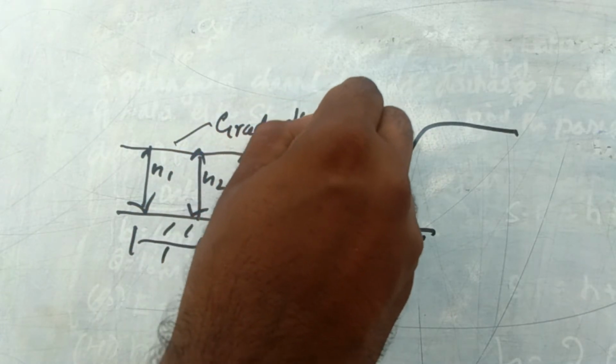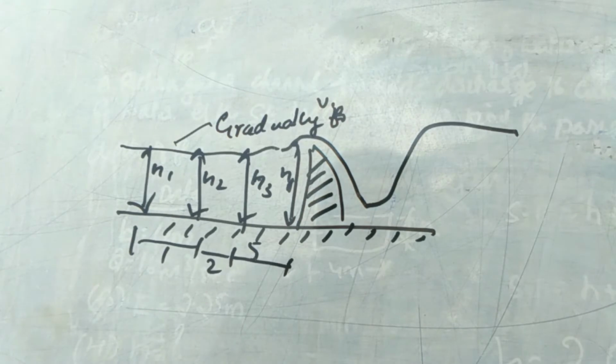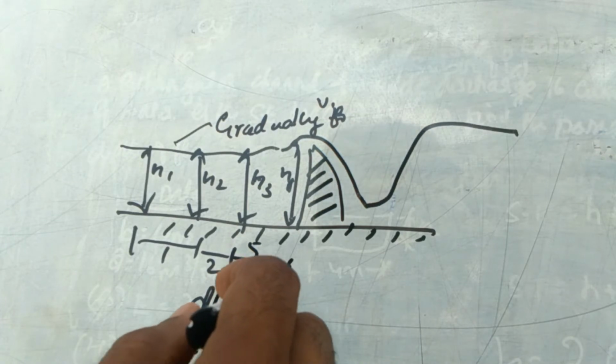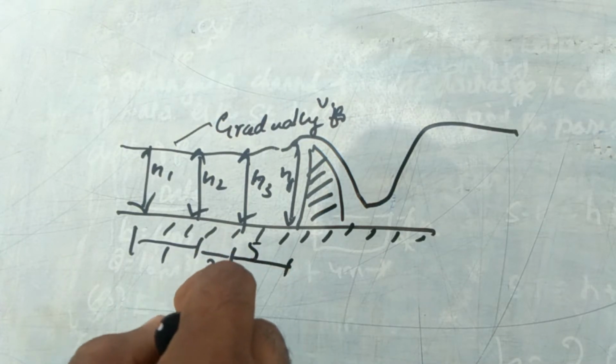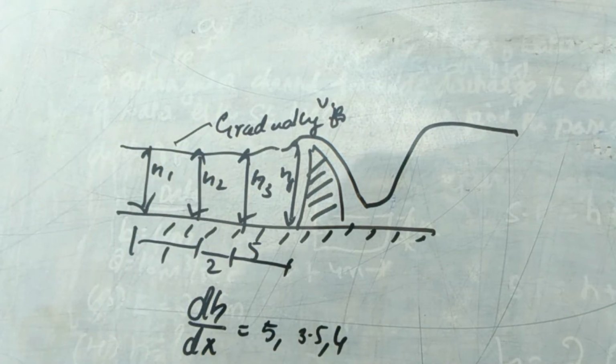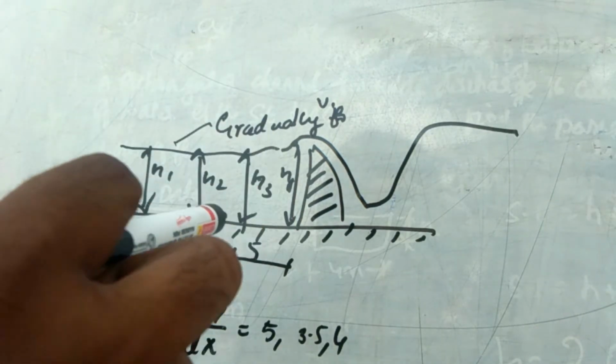And here dH by dx is not equal to 0, because the height exists with respect to x, at any distance, whether it is 5 or 3.5 or 4, for any distance it exists. So this is gradually varied flow, meaning the height slowly increases till the obstruction comes.